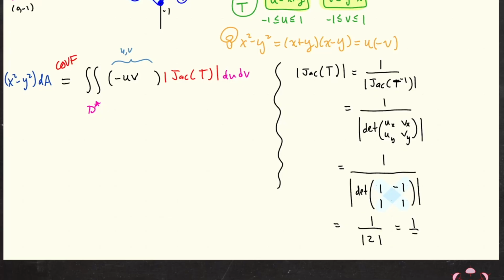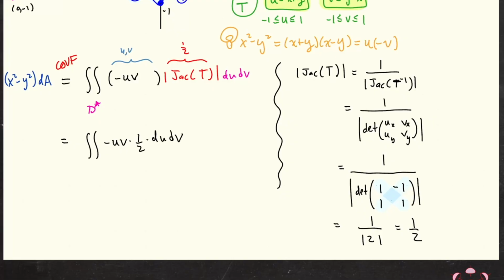So my Jacobian of T is 1/2. Sweet. Now I've got the following integral to calculate: the double integral of negative u times v times 1/2, that's my Jacobian, times du dv.